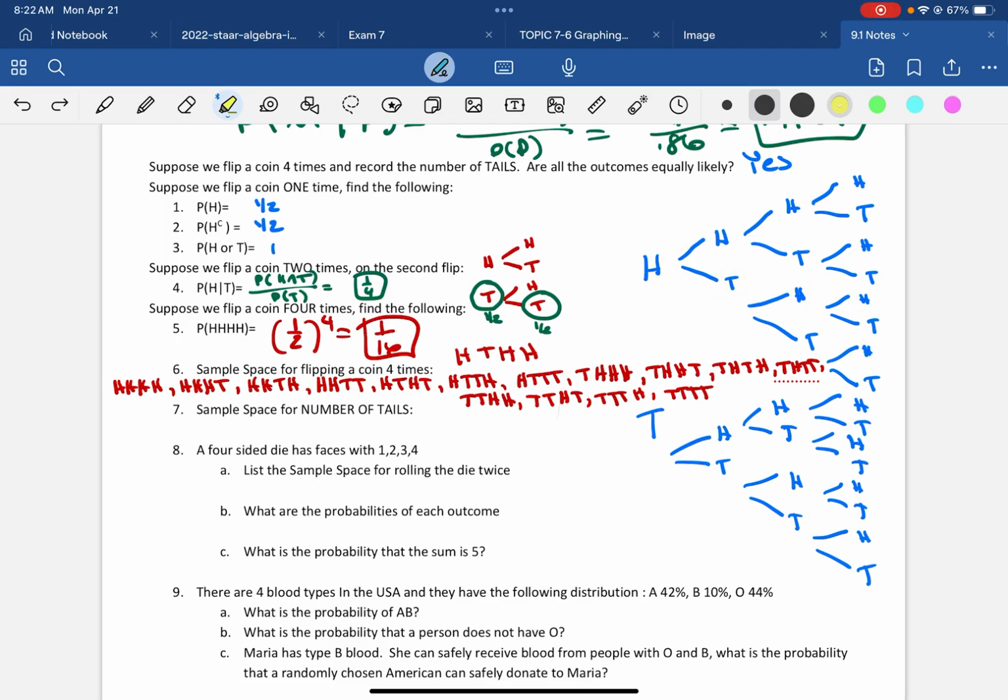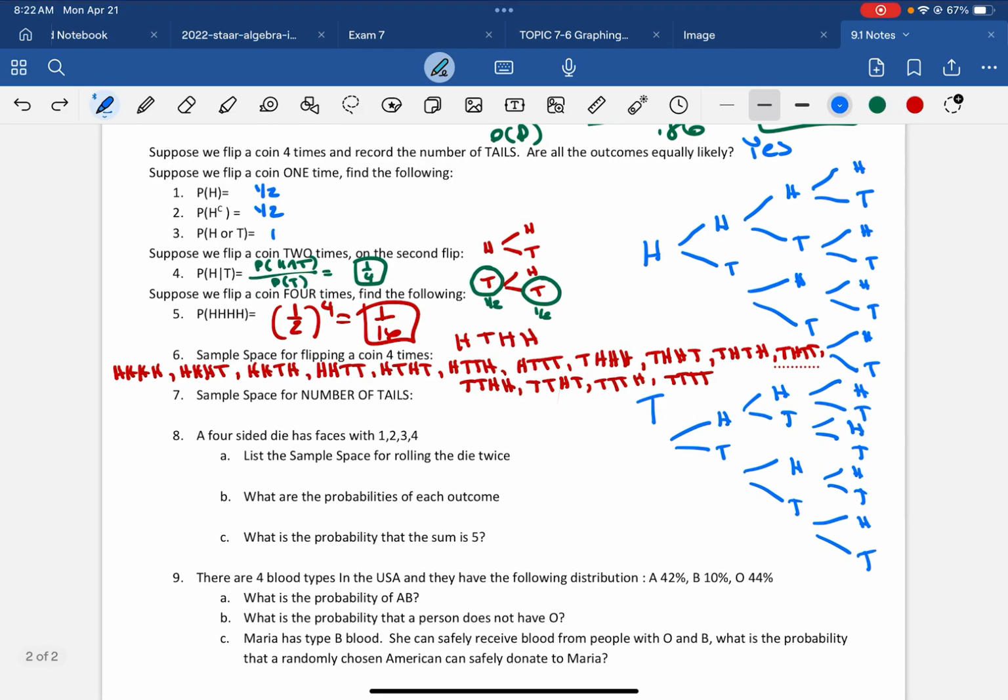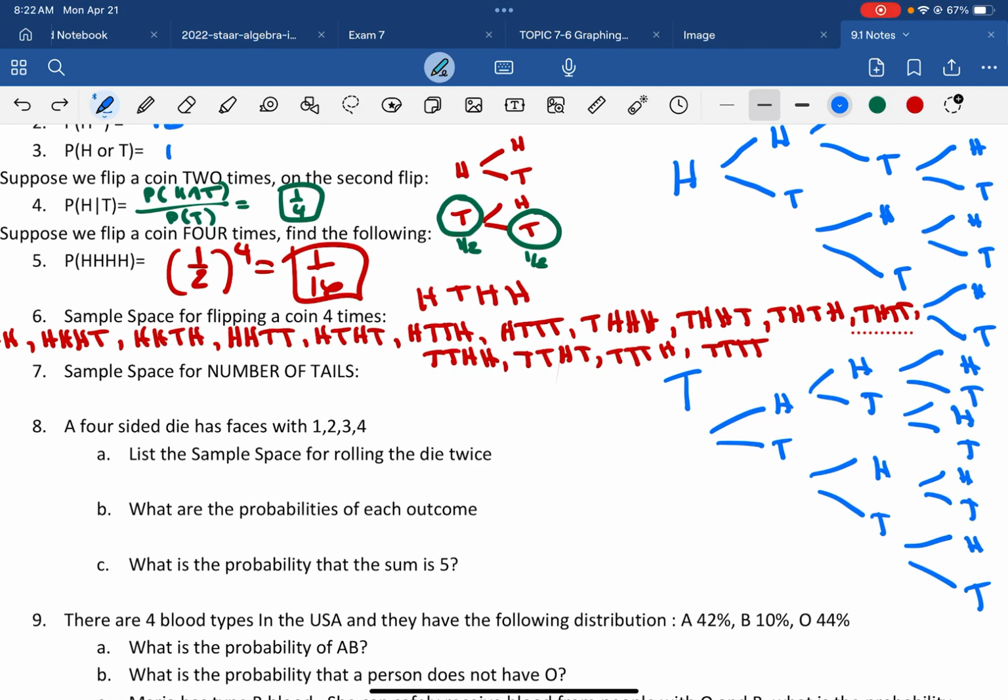All right, what's the sample space for the number of tails? So we're going to think of the sample space for what number of tails there are. There could be 0 tails, 1 tail, 2 tails, 3 tails, or 4 tails. For 0 tails, the probability is 1 out of 16.